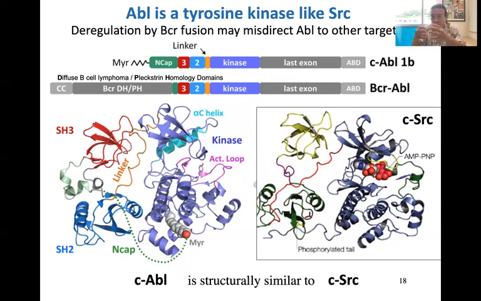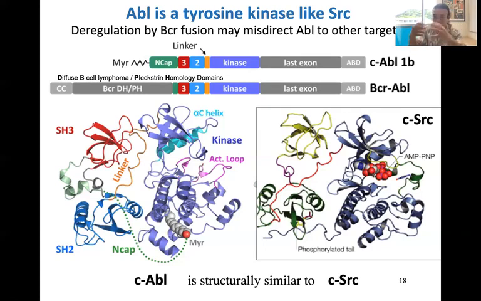But when it's fused to the BCR part, which is a bit of a mystery, we still don't know what the BCR protein does. What we do know is that the BCR protein tends to go to parts of the cell that the normal ABL protein does not go to.